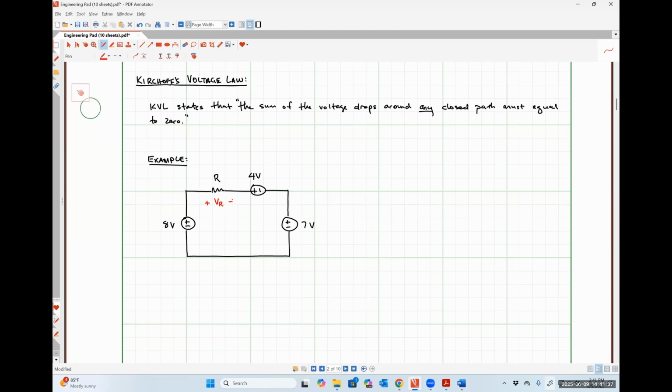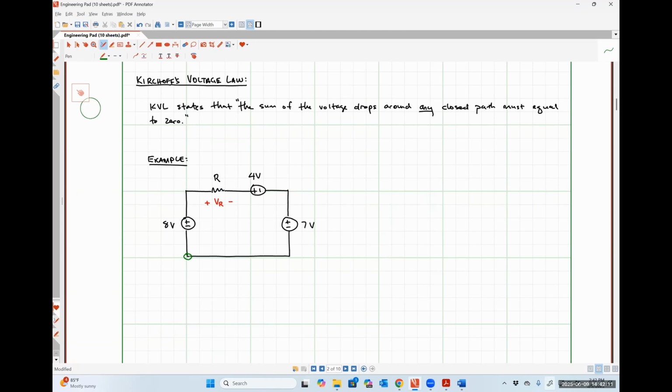So how I like to follow or express my Kirchhoff's voltage law equations is I usually start at the bottom left-hand corner of my circuit or my path of interest. And then I usually go either clockwise or counterclockwise across all of those circuit elements, just adding the voltages together until I come back to the node that I started from, okay?